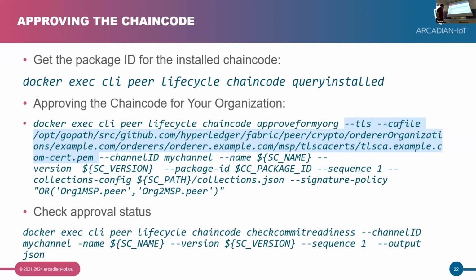And then you can check the approval status. If everything went right and every organization has approved the chain code, it will appear that every organization has approved the chain code. I will perform a demo later. I know this is pretty intense in commands, but we will see a graphical view later.